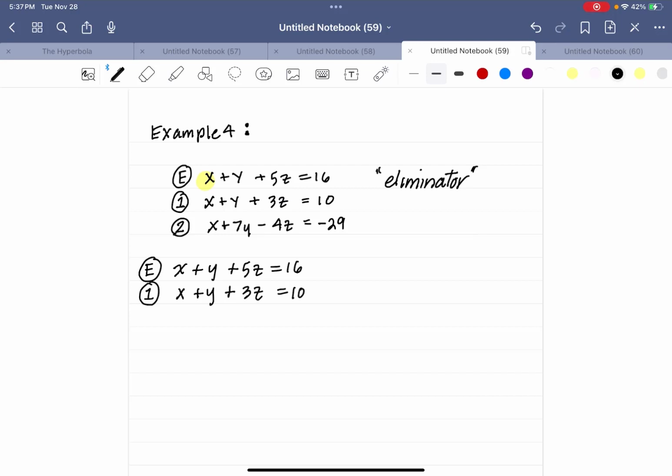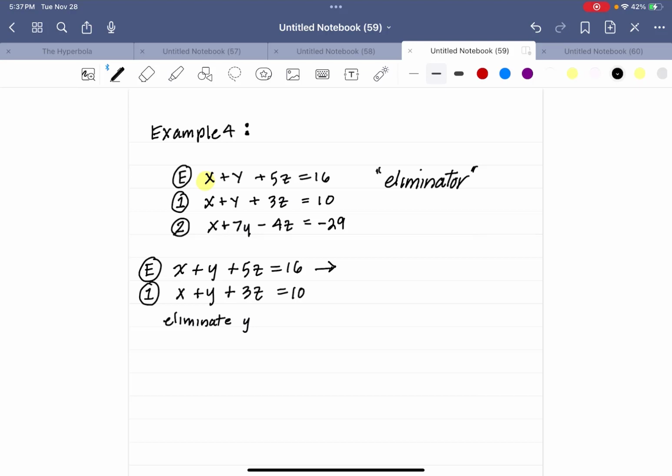And I need to decide which variable I'm going to eliminate in number 1 because I have to do the same thing in number 2. So let's say that we're going to eliminate y. It's your choice, but you need to make sure you do the same one in both, so I usually write it down.